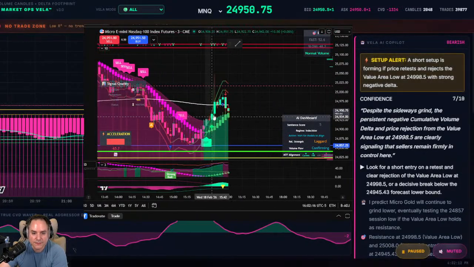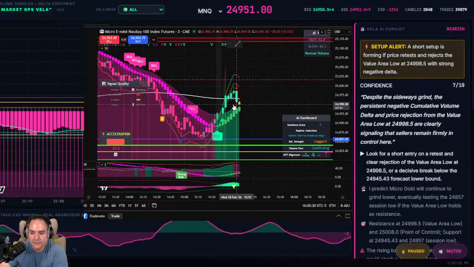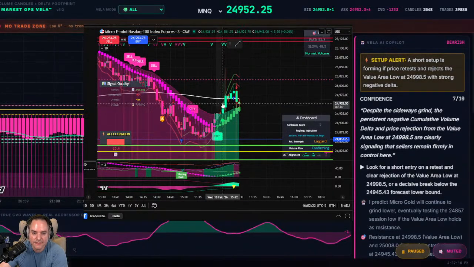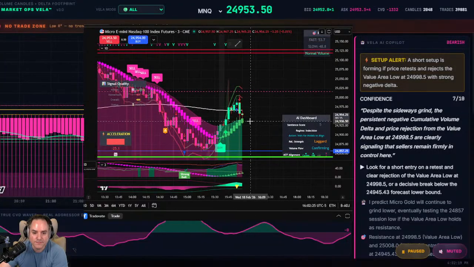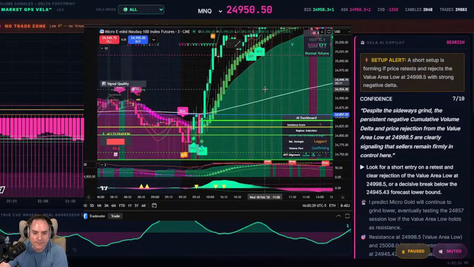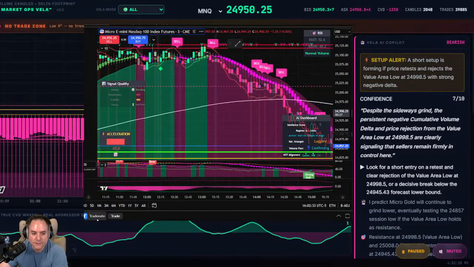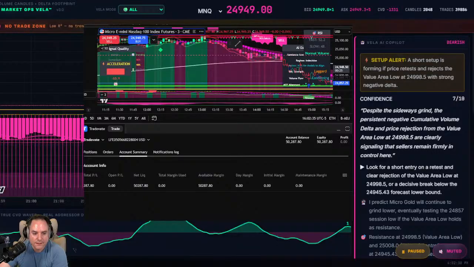My thesis was to hit a short up here, but the problem was I was running into the end of the day, so you don't have the liquidity that you would have, for example, in the morning. But there you go. We're 1-1. 287 on the day, two trades.